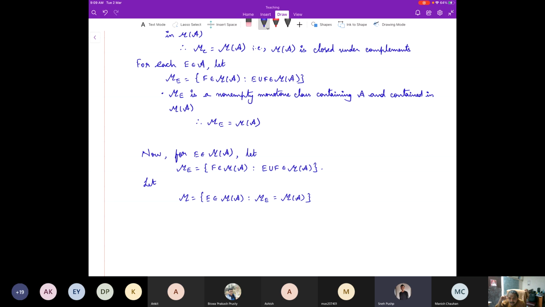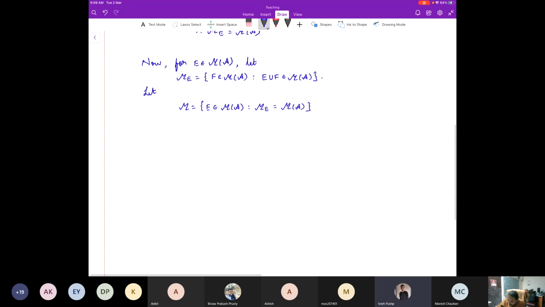Yes, sir. Why? We have just shown that for an E belonging to A, ME equals M of A, so we can take any element of A. Exactly. In fact, the whole of A is contained in script M.